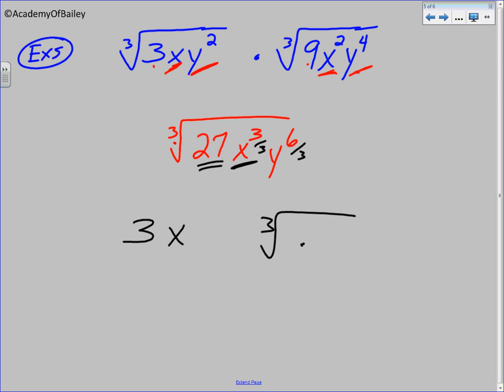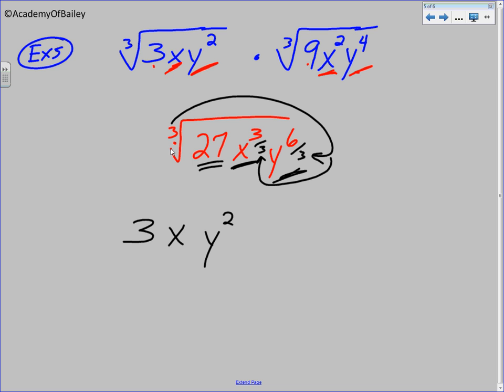You know that I'm getting this 3 from here. Our index lets us know. So how many y's can we bring out? Bring out 2 of them and nothing left inside because 3 goes into 6 evenly. And so we have simplified that expression.